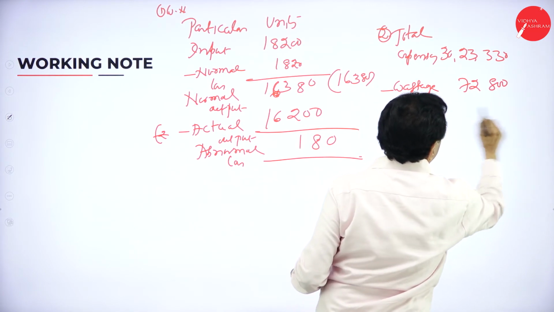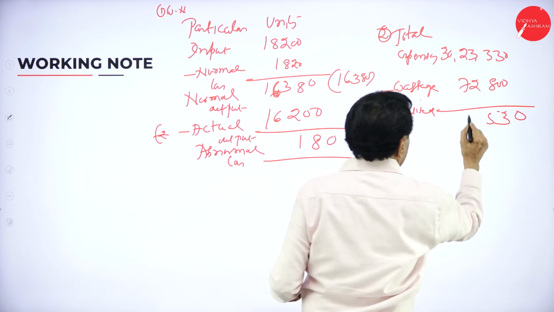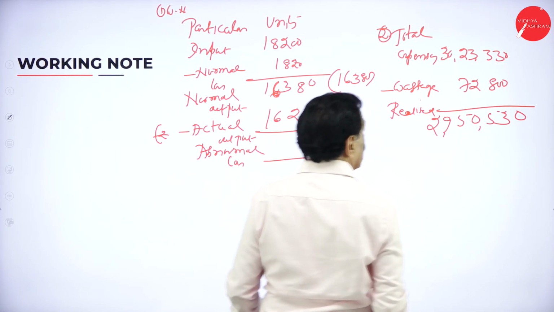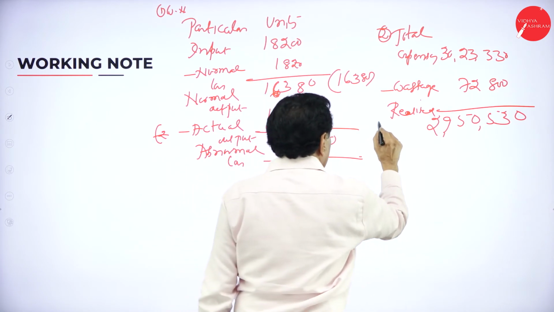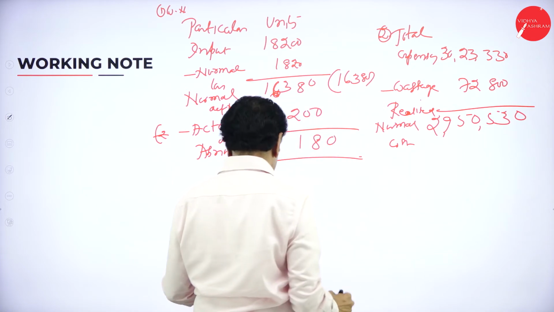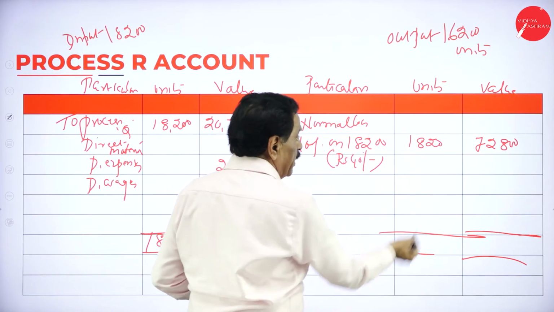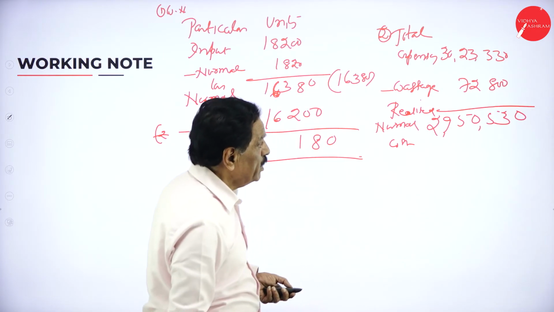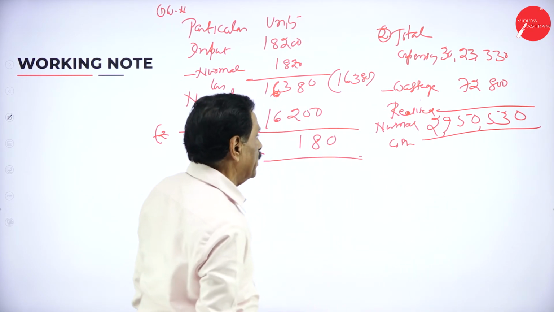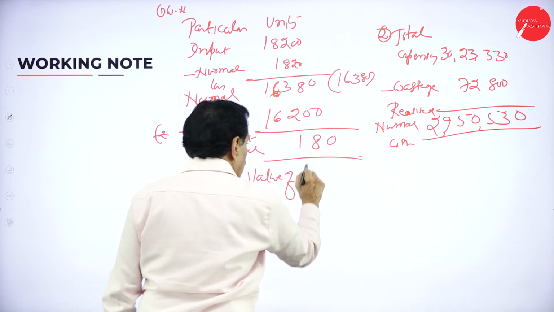So 29,50,530 is the normal cost. Check once again. Your total is 30,23,330. The amount realized is 72,800. Your cost becomes 29,50,530. Next, value of abnormal loss.